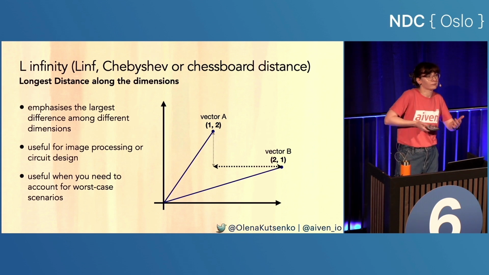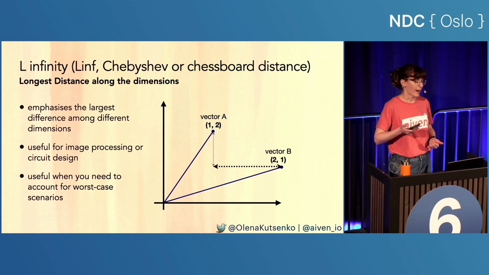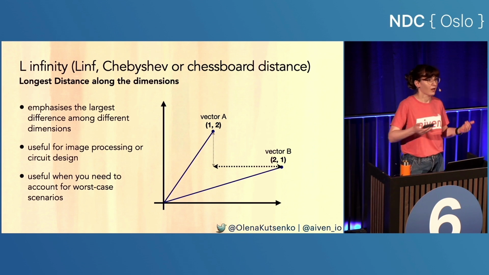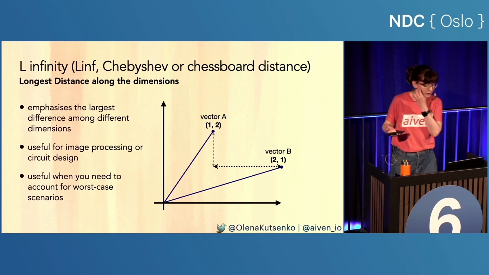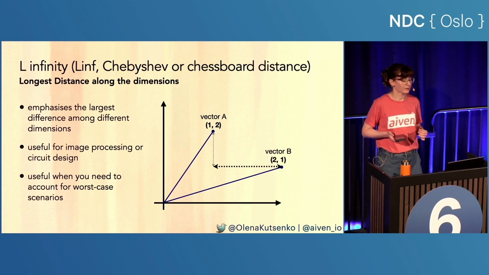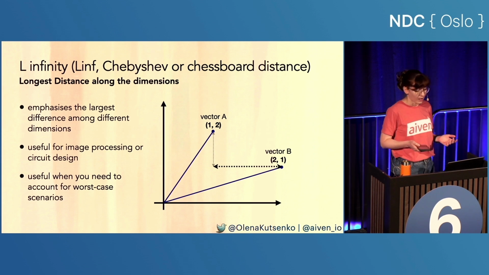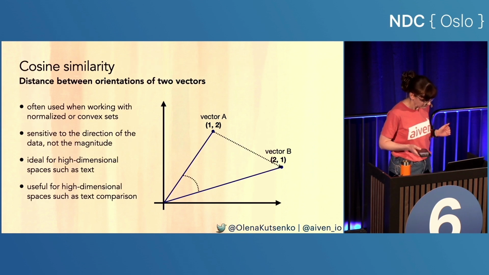You can use it, for example, to emphasize some of the dominant features between the values. It's actually more frequently applicable in image processing. But still, it's an interesting one, and you can always play with those metrics to see if some of them will be better for your particular scenario.